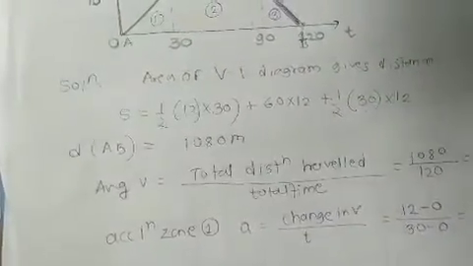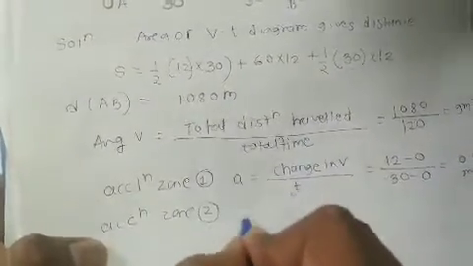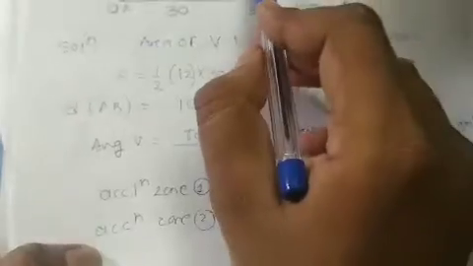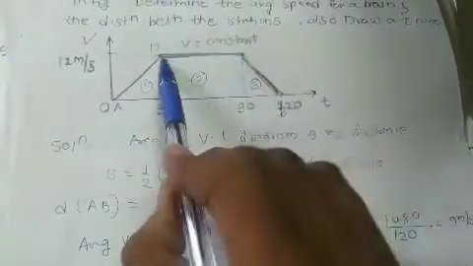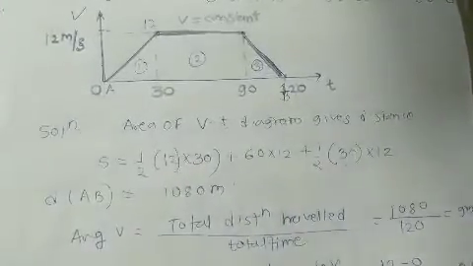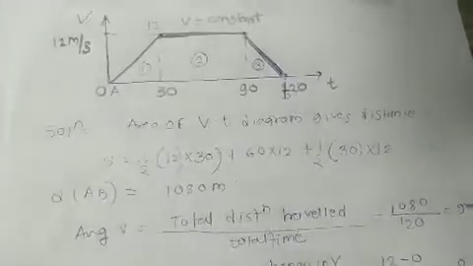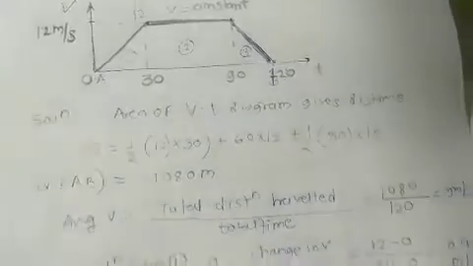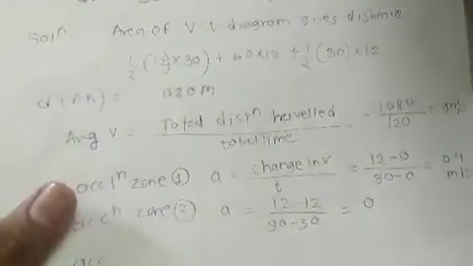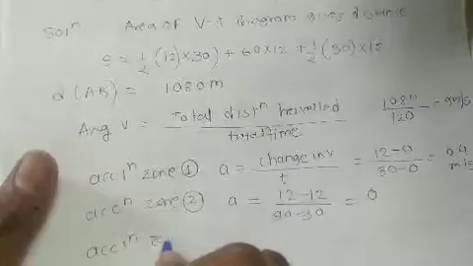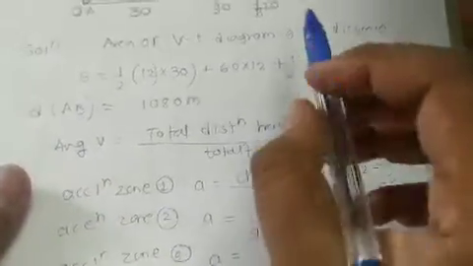Now acceleration in zone 2, again the same: v3 minus v2, so 12 minus 12 upon 90 minus 30, the change in time interval. This is equal to 0. Now acceleration in zone 3 will be again change in velocity.